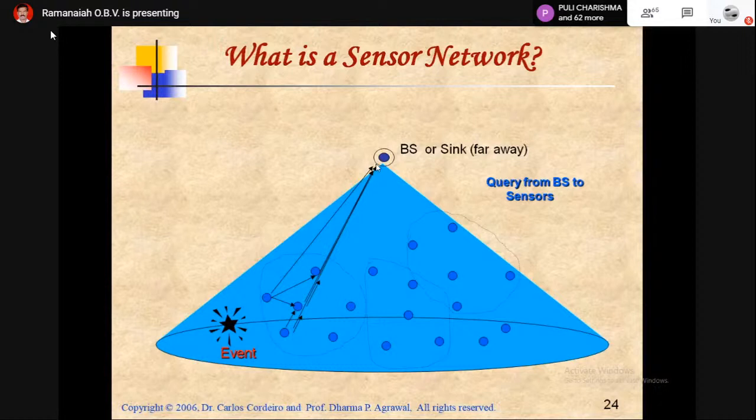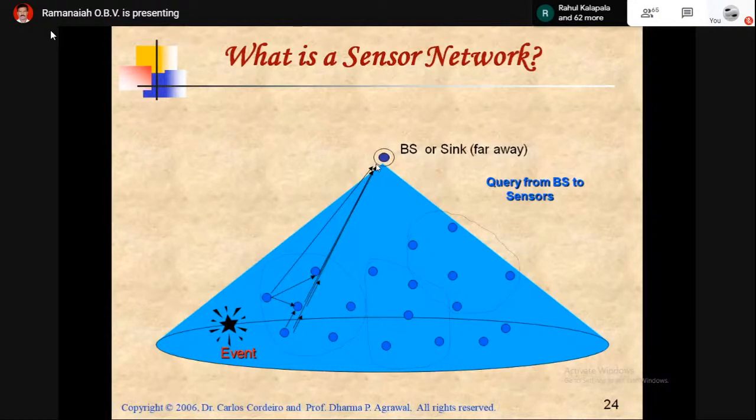Here, this is a wireless sensor network deployed for surveillance, such as a battlefield environment. The base station, which is far away from the sensing field, has diffused the query. The query is like, if you come across any 4-legged animal, such as a lion or tiger, you report to me.